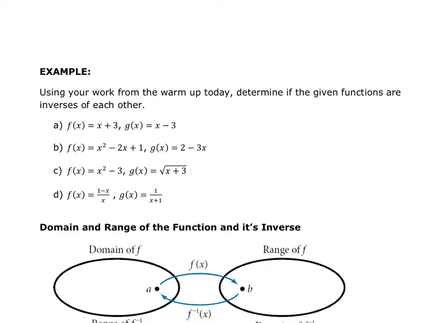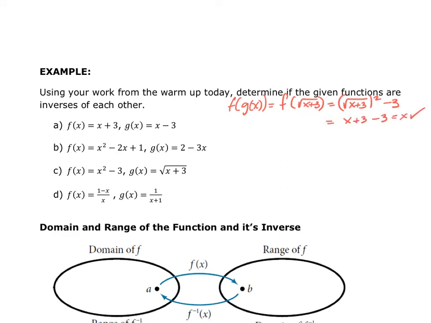We're going to compose both ways. So first I'm going to do f composed with g of x, which is f of the square root of x plus 3, which is equal to the square root of x plus 3, the quantity squared, minus 3. When we square a square root, we just get what's underneath the square root, what's underneath the radicand. So x plus 3 minus 3, so we get x.